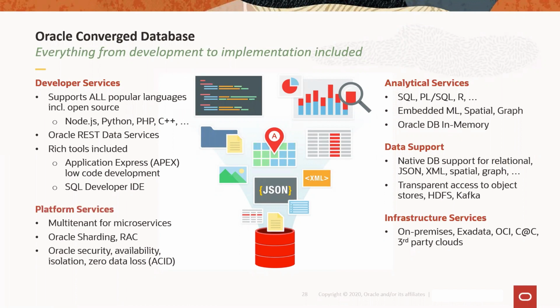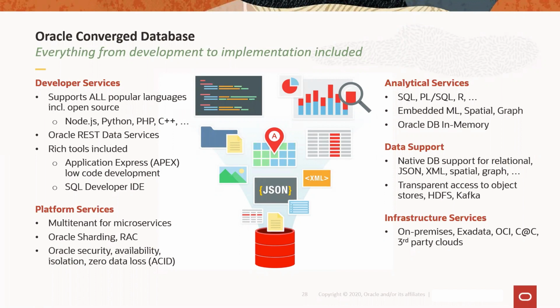And the last thing I'm going to point out here, and for those who know the Oracle database, who know that Oracle is the gold standard for enterprise class capabilities, right? What I mean by that is security, high availability, scalability, performance. This is what we made our name on for a long, long time. Well, all of those services are available to you guys as developers, basically with the database, right?